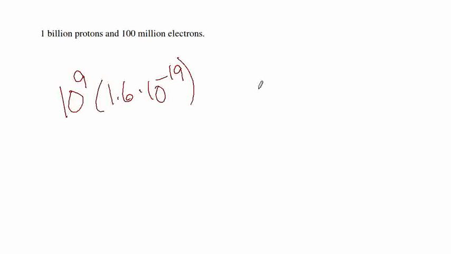Okay, so I'll go ahead and calculate it. So the net charge of a billion protons, that's equal to a billion, or 10 to the 9, times the charge of each of the protons. Okay, and now we're going to subtract the negative net charge of the electrons. So that is equal to negative 10 to the 8 times 1.6 times 10 to the minus 19.